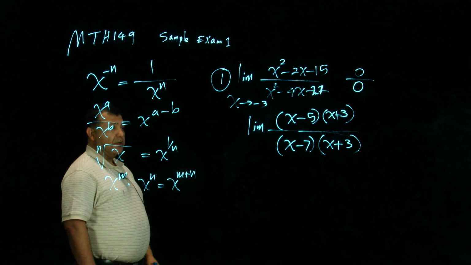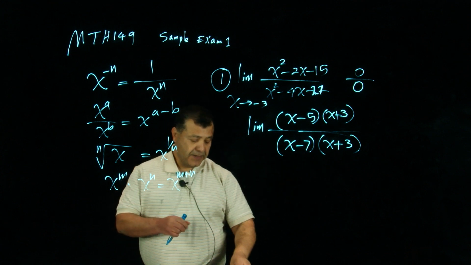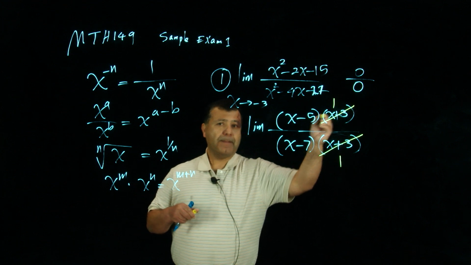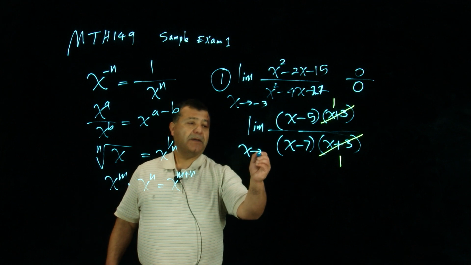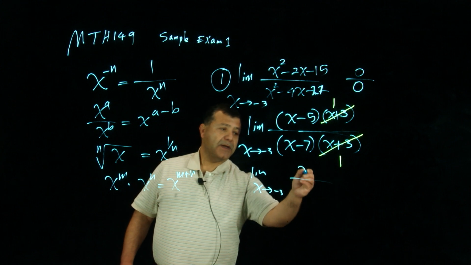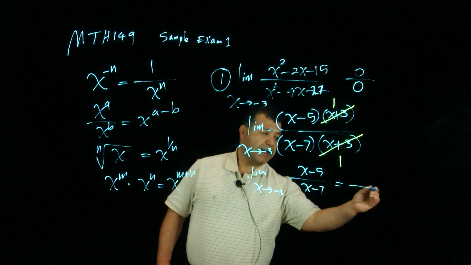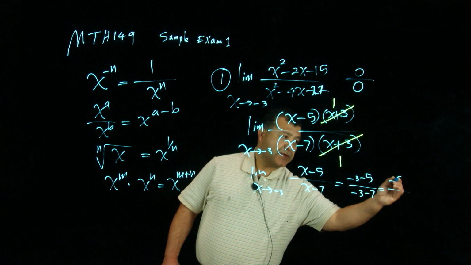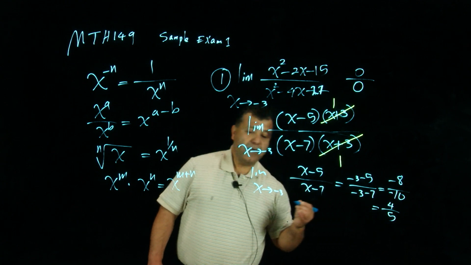Now, see, what caused the 0 over 0 was x plus 3 over x plus 3, which in this case, we could reduce out. And you're going to end up with the limit as x approaches negative 3 of x minus 5 over x minus 7. Now you can go ahead and plug negative 3 where you have x. This gives you negative 8 over negative 10, which reduces to 4/5.